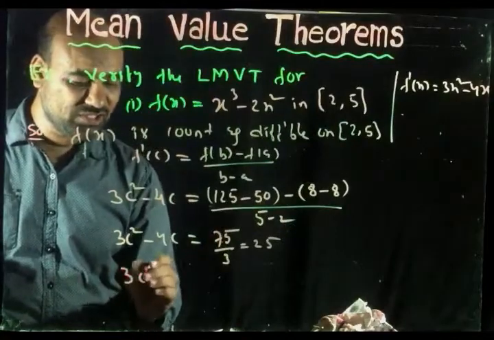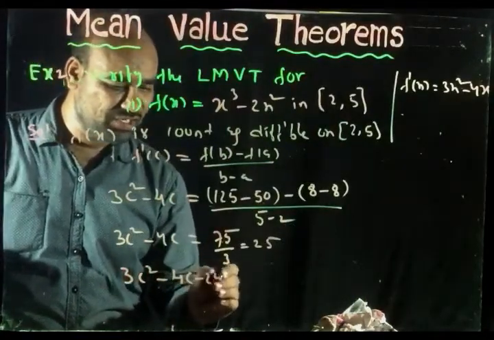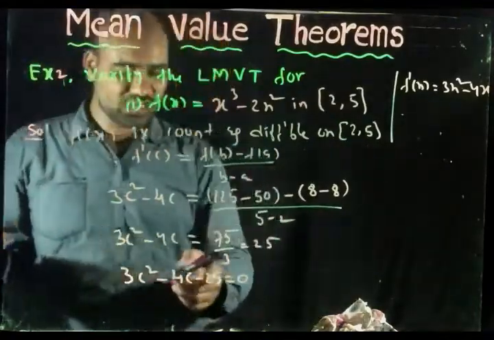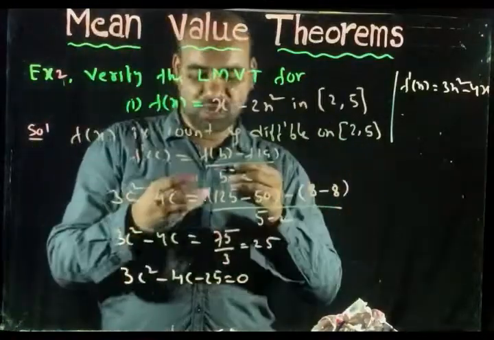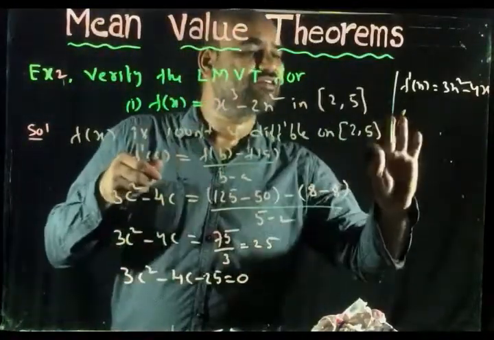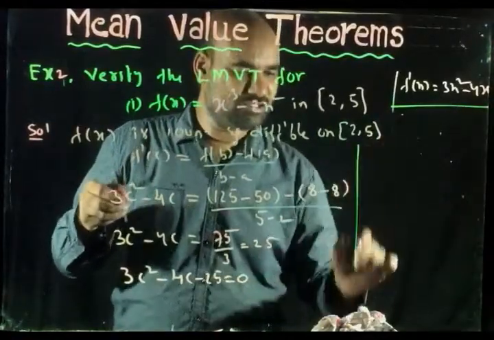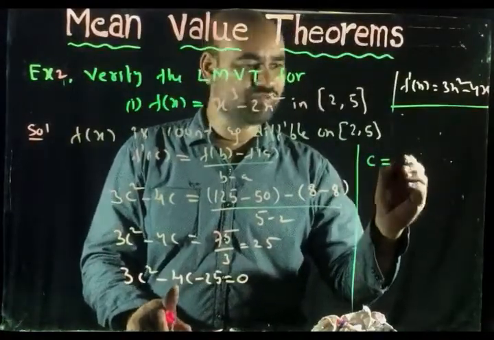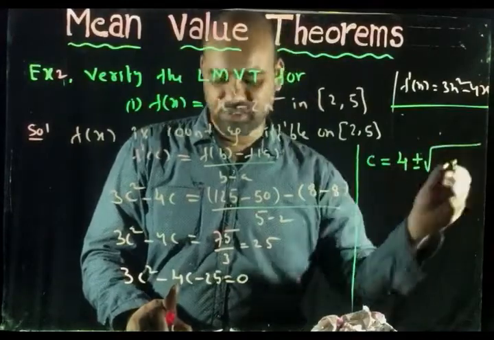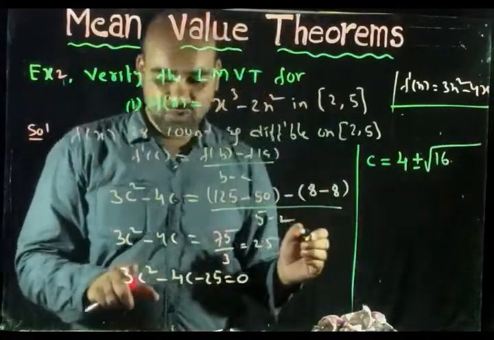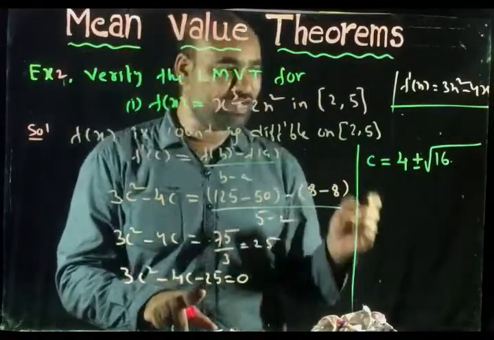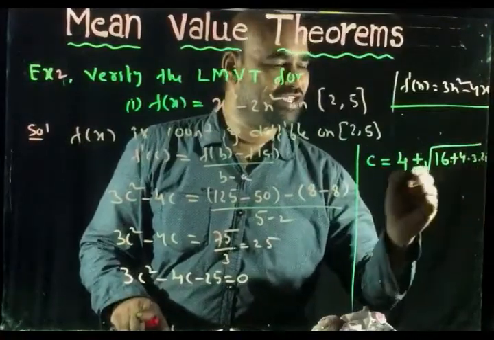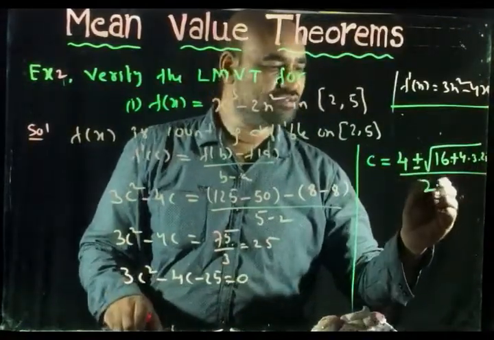So what happened now here? 3c square minus 4c minus 25 equal to 0 is a quadratic equation. We want to solve for c. Directly we are not getting factors, so I am using the formula. c equal to minus b, that is 4, plus or minus root over b square, 16, minus 4ac, 4 into 3 into 25, by 2a, 2 into 3.